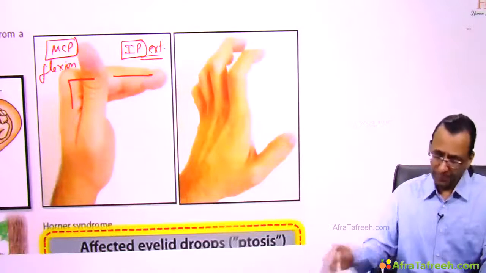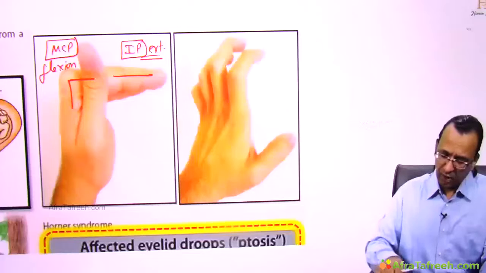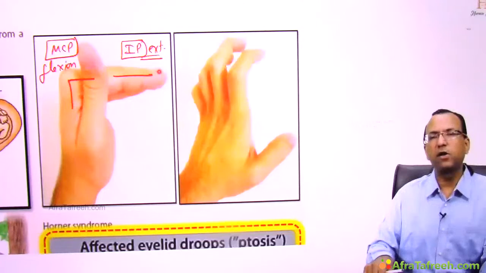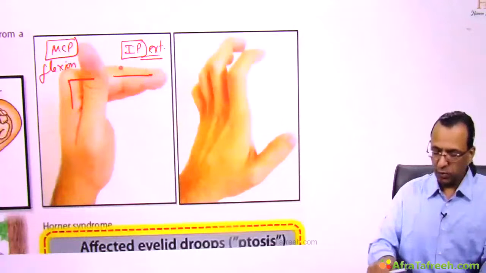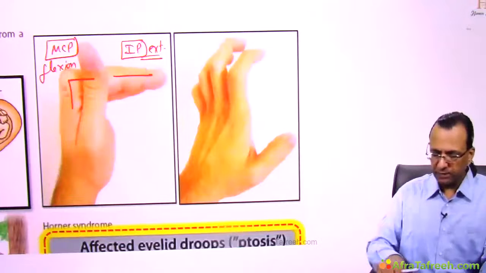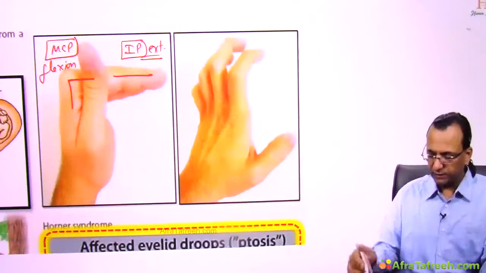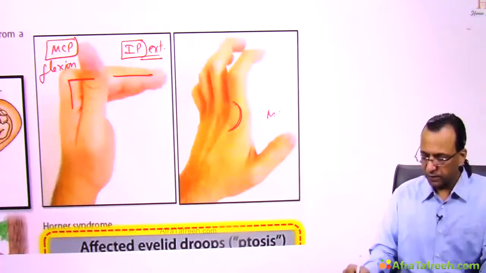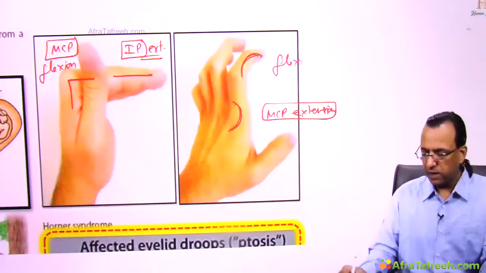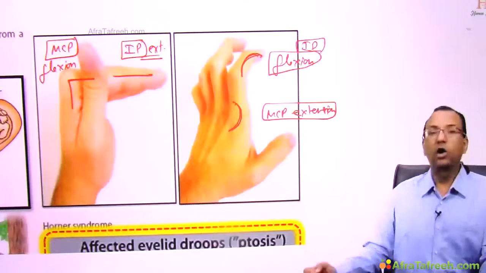So what if they are not working? Then the MCP joint goes into extension and the IP joint goes into flexion, and that is called the claw hand deformity.